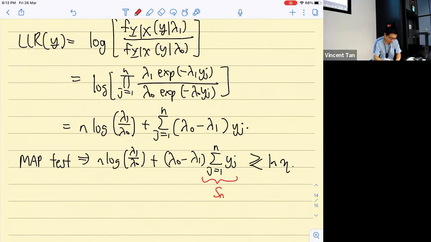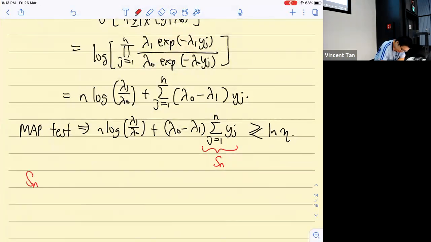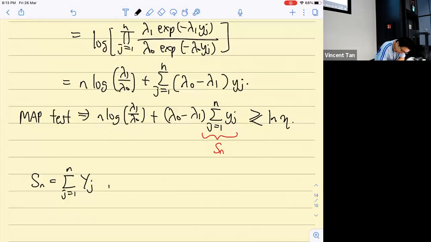The punchline here is that Sn, equal to the sum up to n of yj, is a sufficient statistic of this binary hypothesis test.